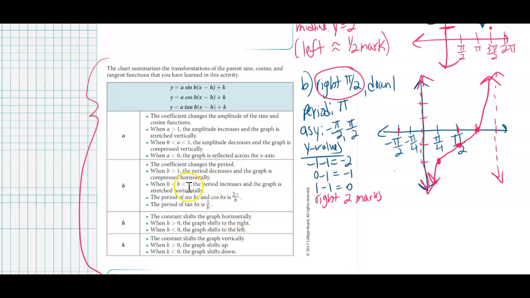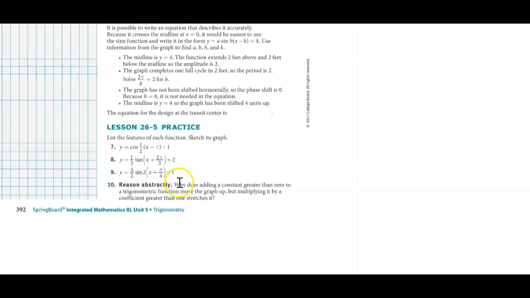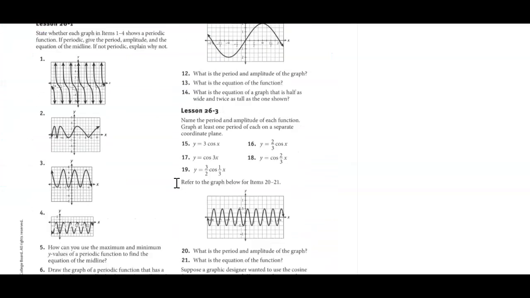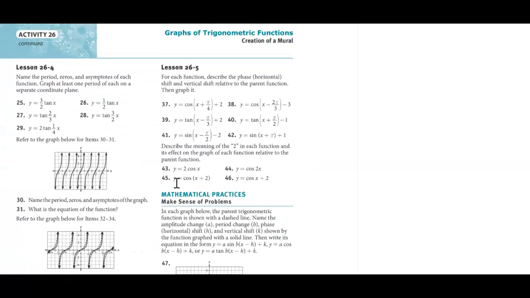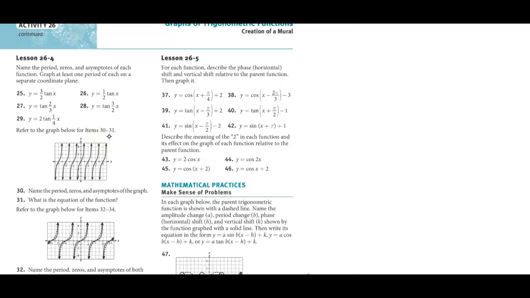So tonight for homework, I want you guys to actually try, not this lesson practice yet, because that's involving all the variables, but in the activity practice, I want you to try out these problems here.